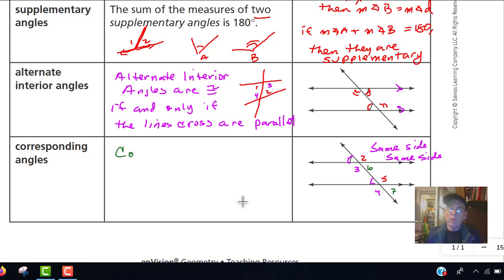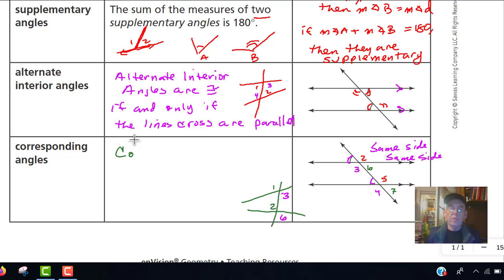Now, another way we could have corresponding angles: two lines that are not parallel to each other. Angle 1 and angle 2 would be a pair of corresponding angles. Angle 3 and angle 6 would be a pair of corresponding angles. They're both on the same side of the transversal, and the purple ones are both below the lines that are crossed. On the left-hand side, 1 and 2 are to the left of the transversal, and they're both above the lines that are crossed.